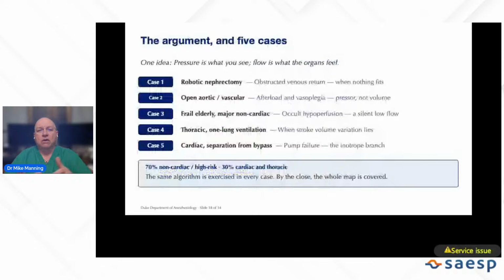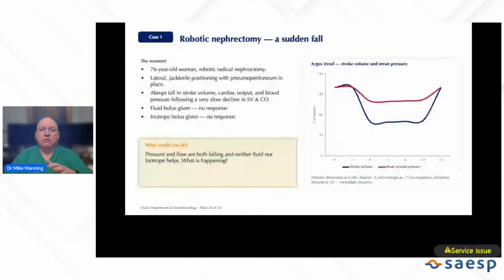So I want to go over a couple of cases kind of to highlight some of these examples. So the first case was a robotic nephrectomy that I was taking care of, and it was a 76-year-old woman with a single tumor in her kidney that we were removing.